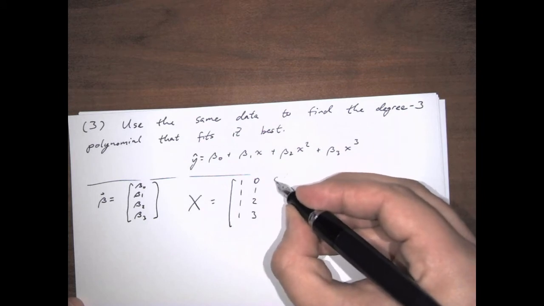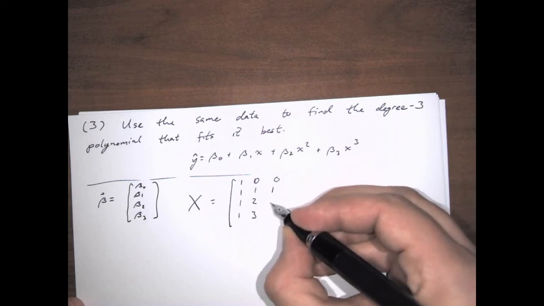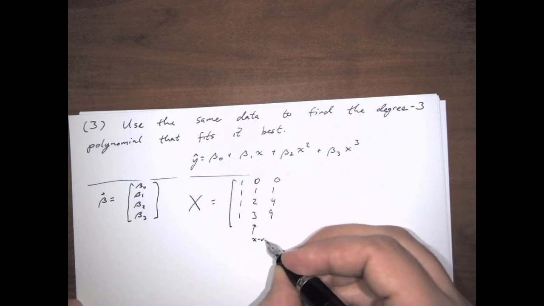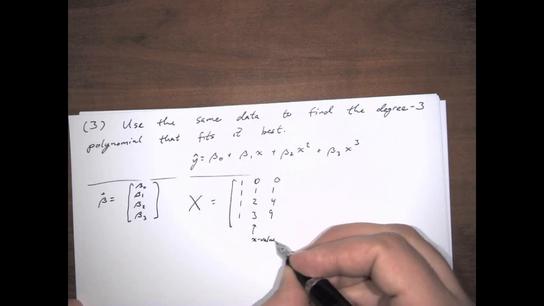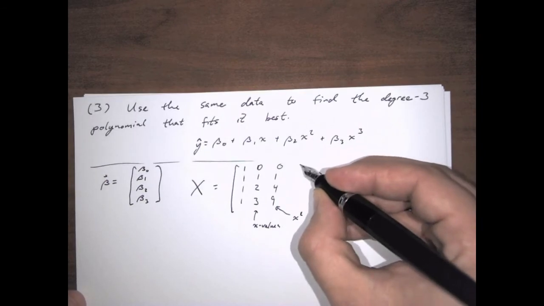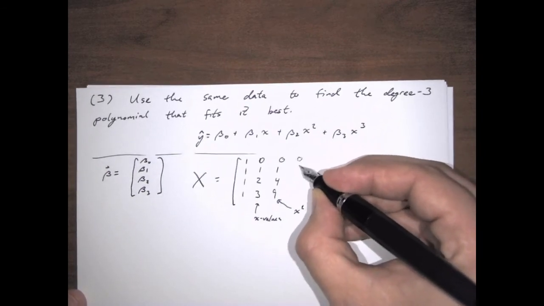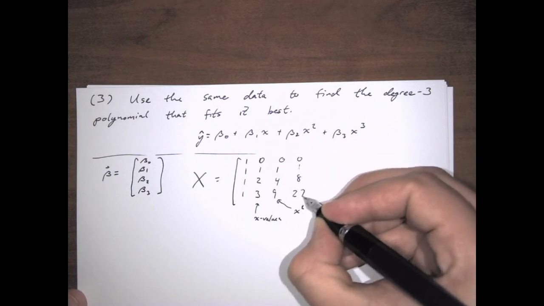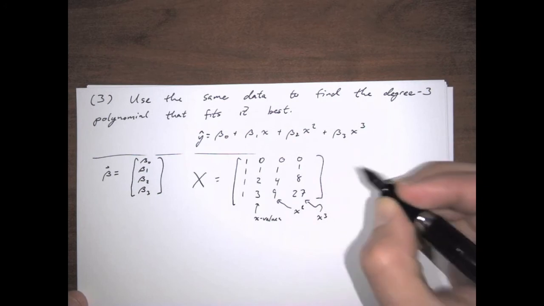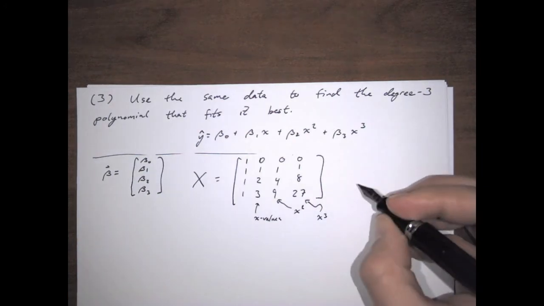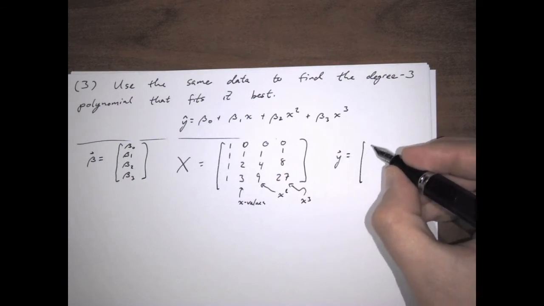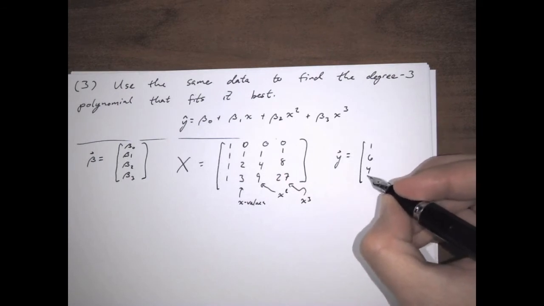And then we have 0, 1, 4, 9. These are x squared. And then lastly we have 0, 1, 8, 27. X cubed. And then the y's are the same as they were, which was 1, 6, 4, 7.